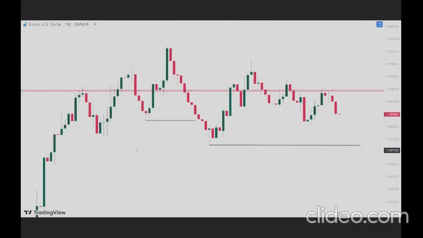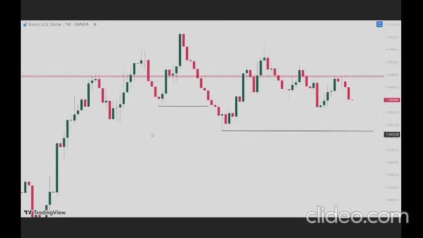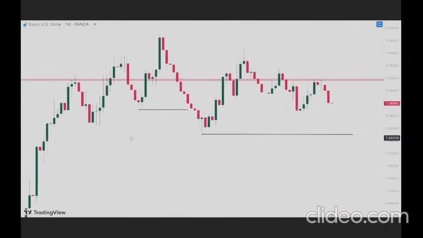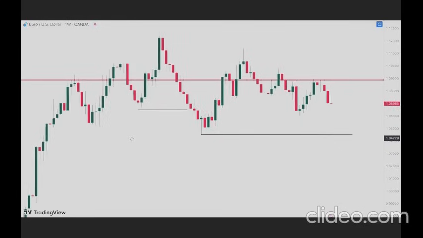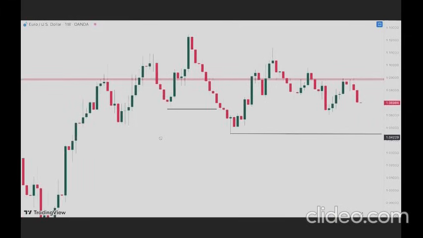Yeah. Weekly time frame. I don't know if I have tried the other formations, but I think these were the very usual and very important information to have.